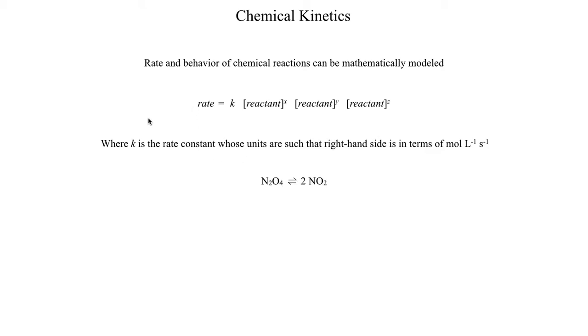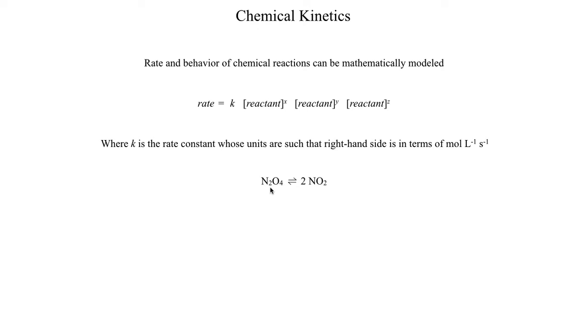If we take a look at an example chemical reaction here, I have dinitrogen tetroxide decomposing into 2 molecules of nitrogen dioxide. And just a little bit of notation, this little two-way arrow suggests that this reaction is occurring to form this, and in this reaction here, the nitrogen dioxide molecules are combining to also form this.